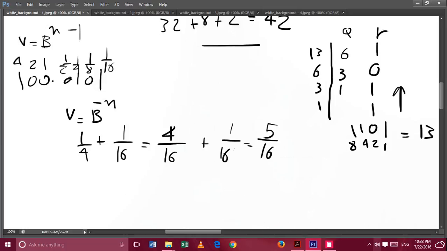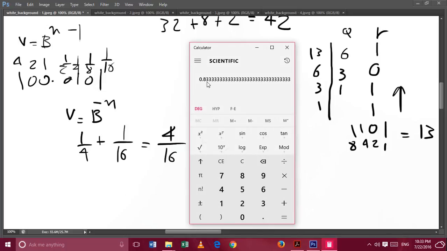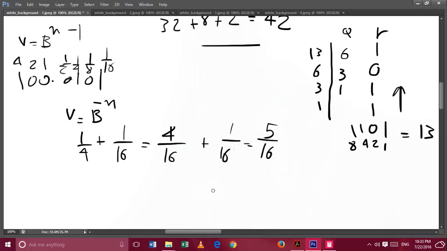So converting this number will give us 4.3333. That's it.